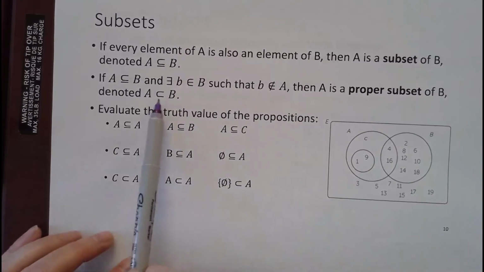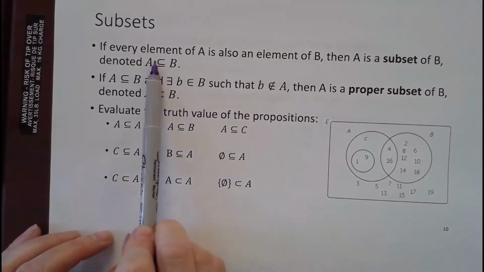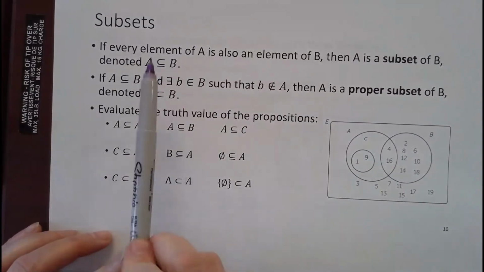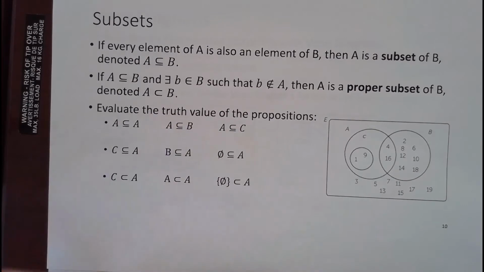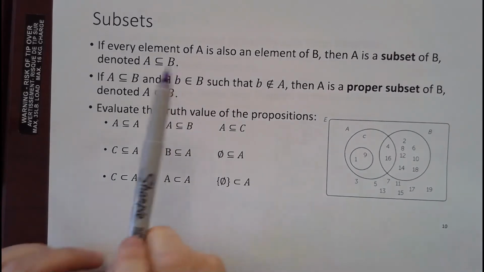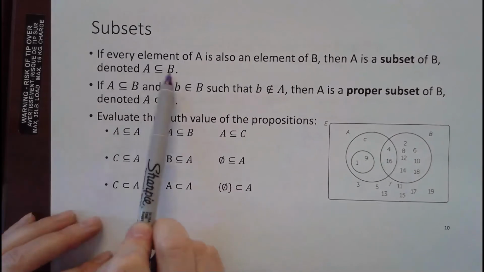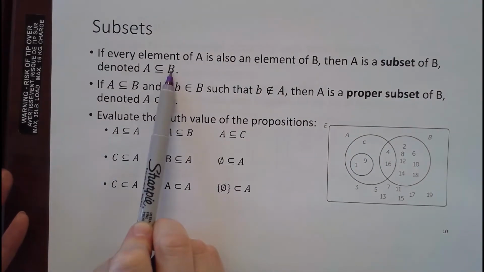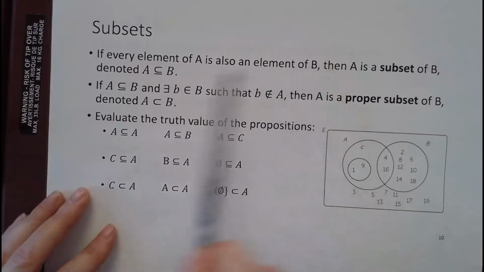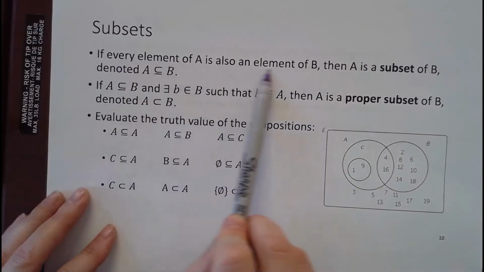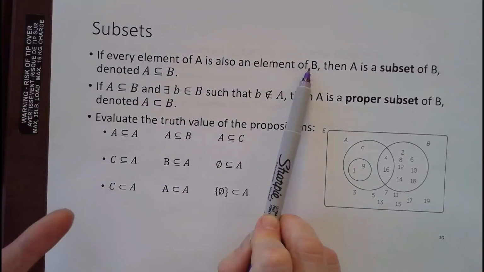Notice the difference between these two symbols: there's no line underneath. The line is missing because there's no possibility of them being equal. It's sort of like strictly less than versus less than or equal to. With this one, there's a possibility that A and B are exactly the same thing. Imagine if I just put A: every element in A is also an element of A. Of course that works.